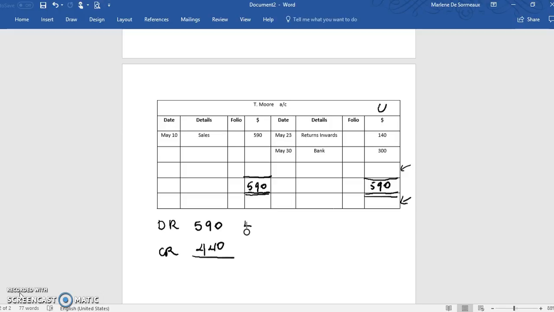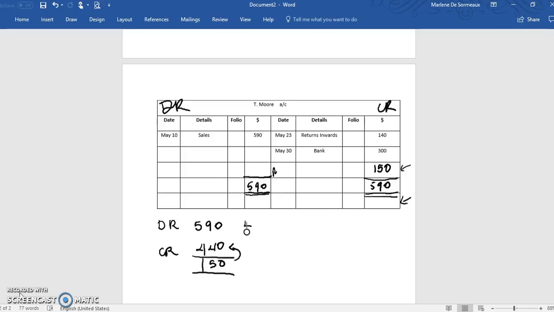It's the credit side, right? The debit side is the larger side. So the difference between $590 and $440 is $150. Cool. So now you're going to take this $150 because that is the difference, and you're going to put it on the smaller side, which is the credit side. So $150, when you take 150 and you add it to 300 plus 150, that will give you the $590.